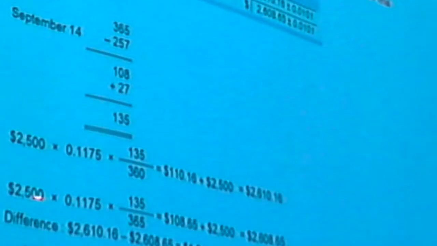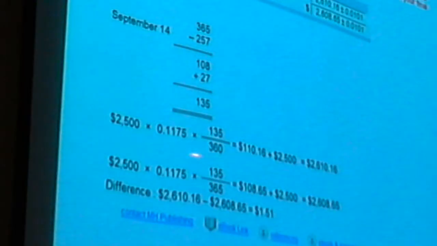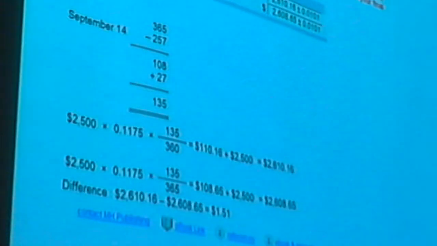So what should you be thinking about? If you look down here in the explanation, you see the formula, PRT, right? The only thing that's different between these two is what? The ordinary and the exact. The 360 and the 365. So you're going to do the same calculations for both.